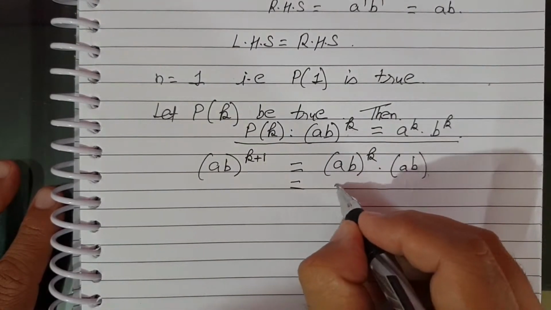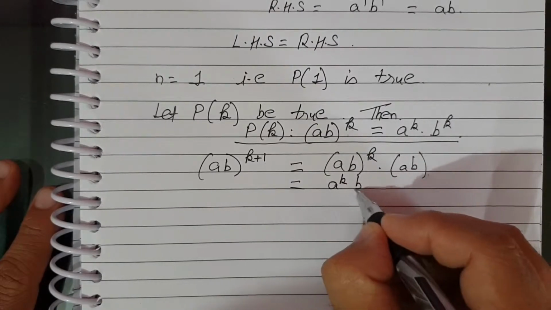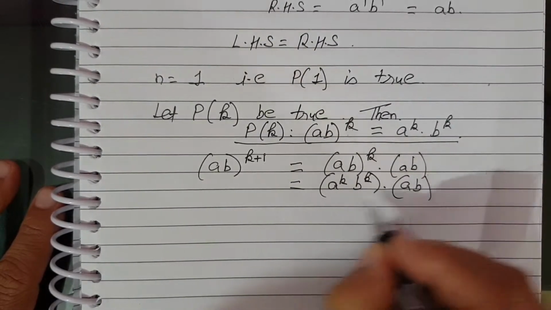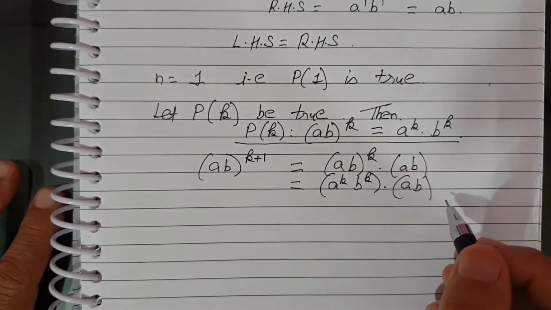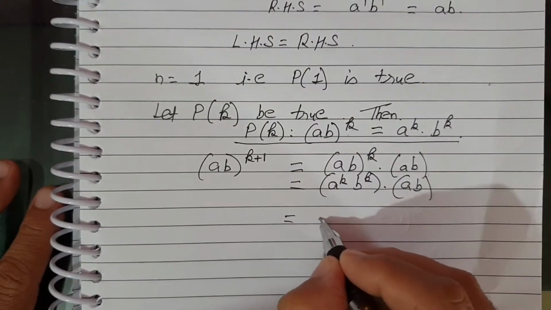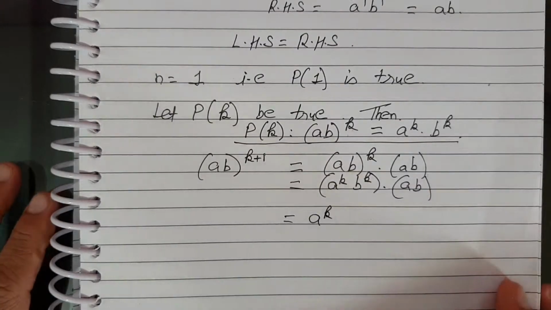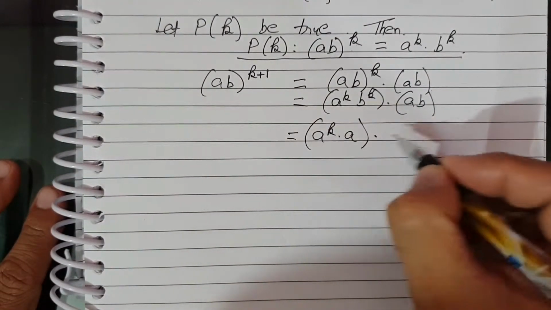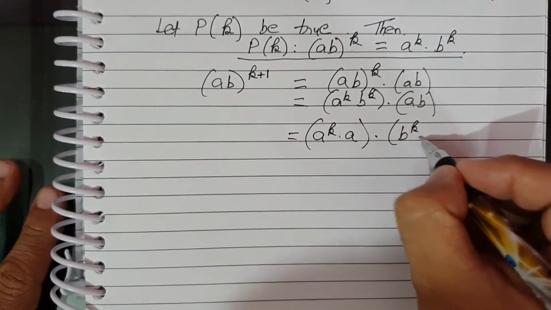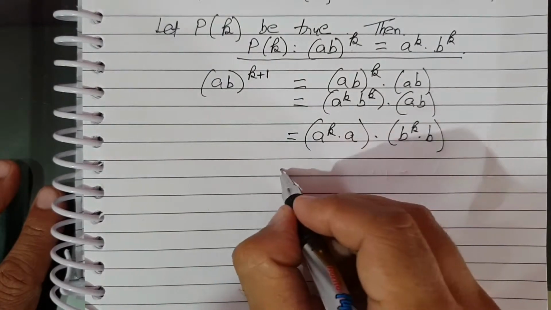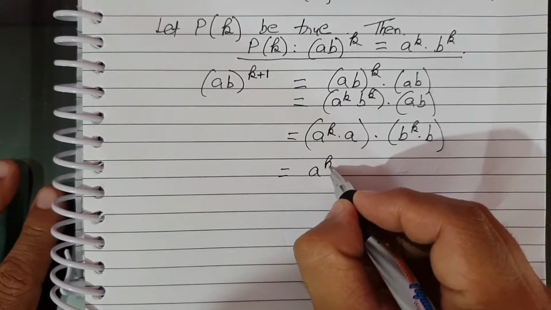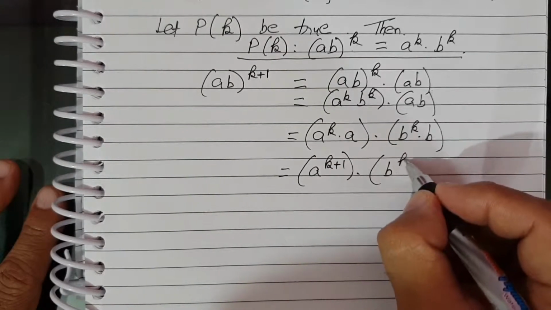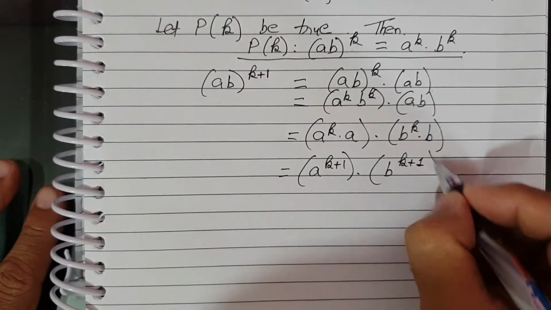So this is a^k b^k into ab. Now this whole thing is in multiplication, so we can arrange it like this: a^k into a, and b^k into b. So this will be a^(k+1) into b^(k+1).